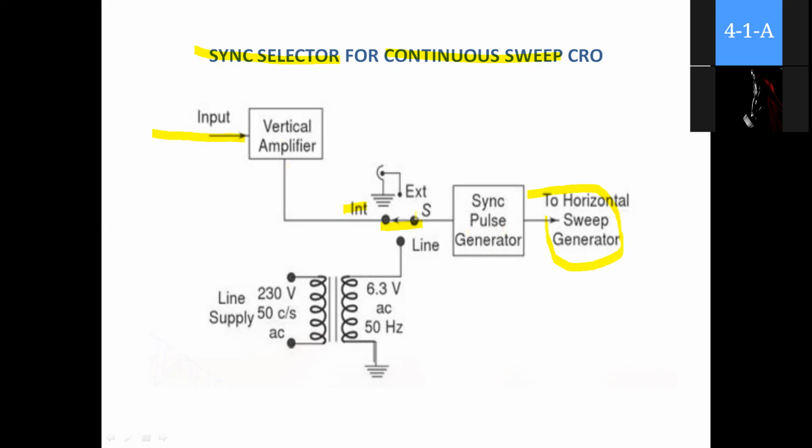If the function switch is connected to this external point, then an external triggering pulse is given to the sync pulse generator. If the function switch is connected to this line, then a pulse from the line supply is given to the sync pulse generator. So we can select either internal, external or line for the continuous sweep CRO. Is it clear? So this is the sync selector.